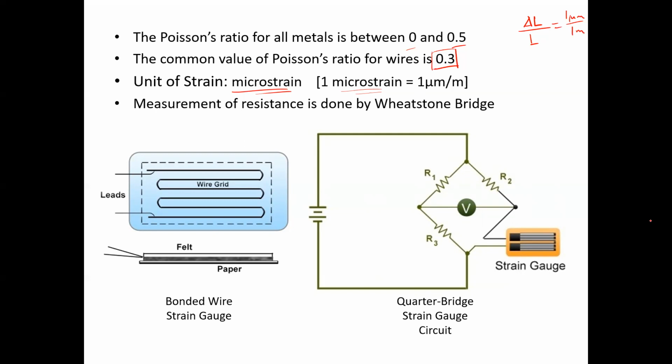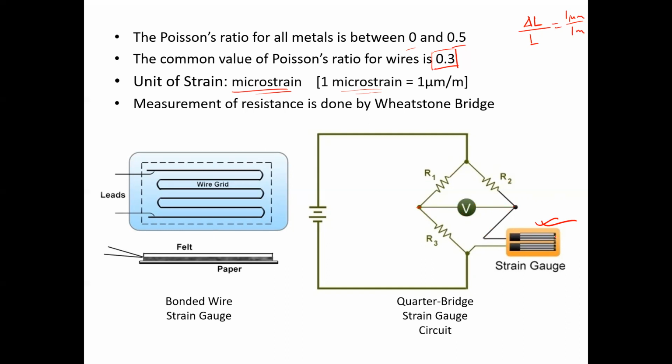Because suppose there is no stress applied, you have to know the value of the strain gauge when it is unstrained. So suppose you are connecting the strain gauge in a Wheatstone bridge circuit in one of the arms, and when it is not strained, in that condition you balance the bridge. Now the bridge is in the balanced condition, and if you connect a voltmeter between these two nodes, it is supposed to indicate 0.